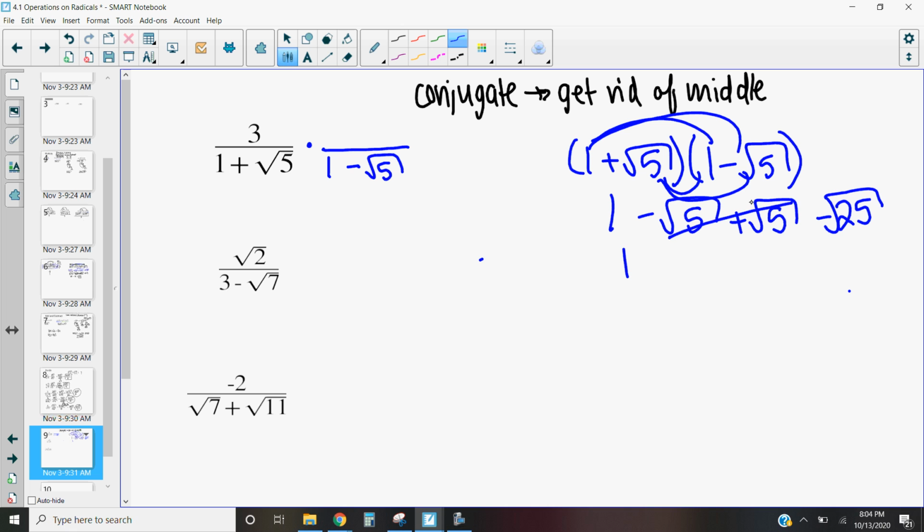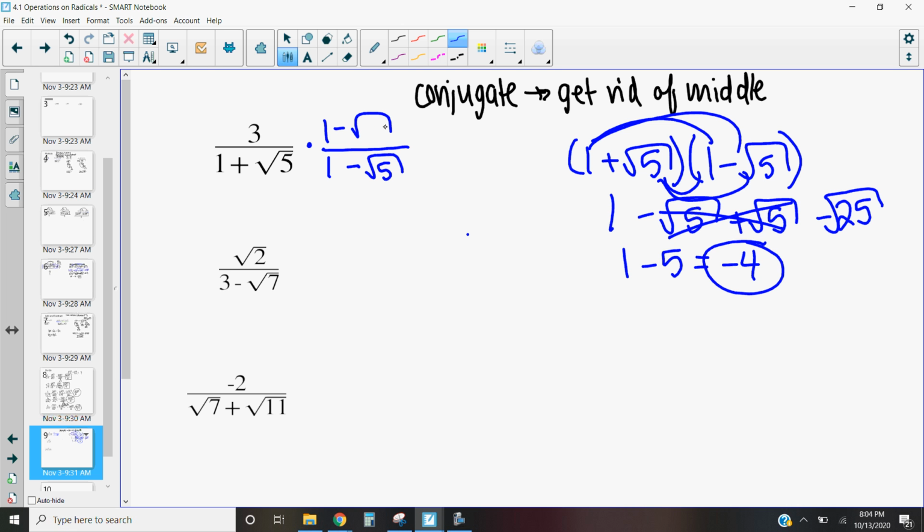These cancel out. Root 25 is 5. Did you see how that simplified down into numbers? And what does 1 minus 5 simplify to? Negative 4. So really, that simplifies down into just a number.